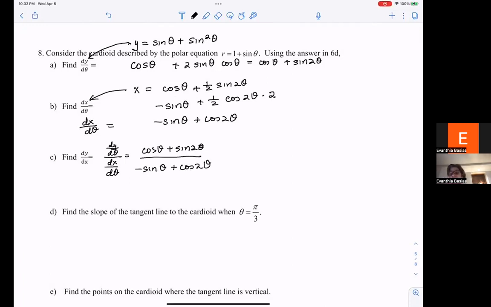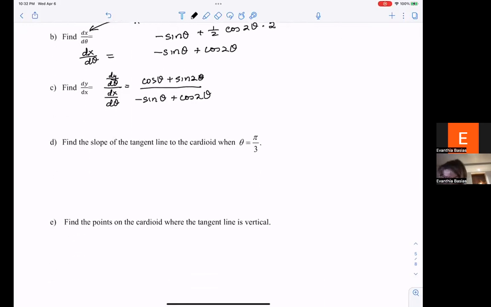And I would do this step by step. First, I'd get my x and y in parametric form. Then I would get my dy d theta and dx d theta and use identities. Well, actually use identities when you get the x and y, and then differentiate, divide, and substitute if we need the slope. So to get the slope of the tangent line, we're going to put pi over 3 into this.